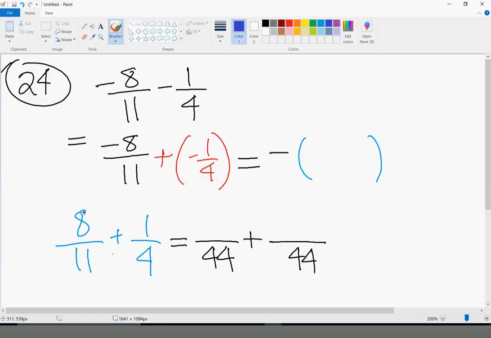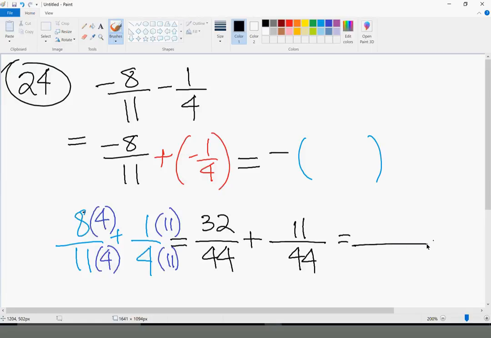What can I multiply 11 by to get 44? 4. So I multiply the top and the bottom by that to get my equivalent fraction. So 8 times 4 is 32. And over here, 4 times 11 equals 44. So I multiply the top by 11 as well. So 1 times 11 is just 11.